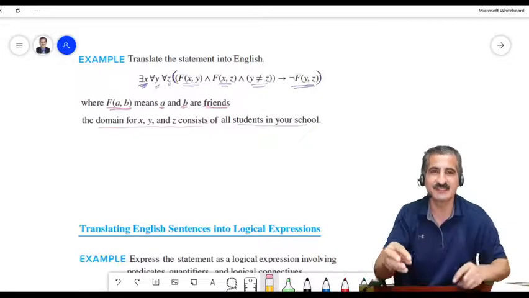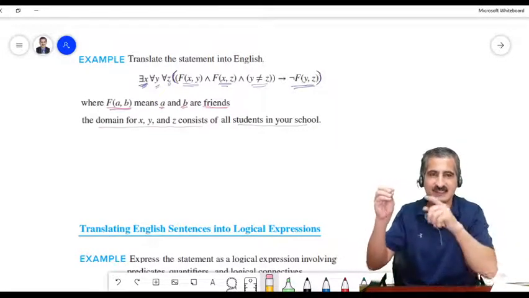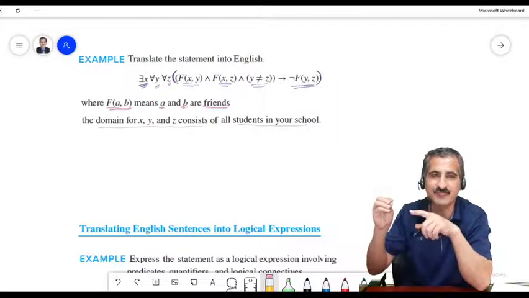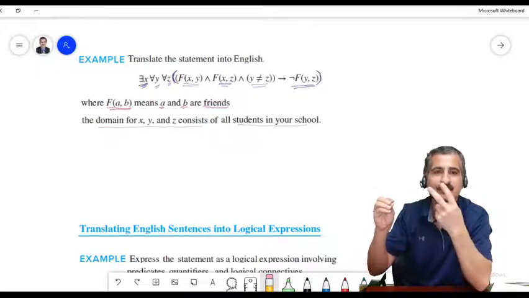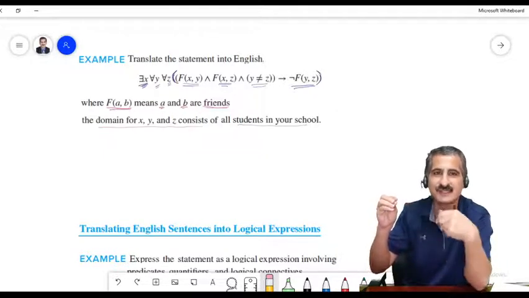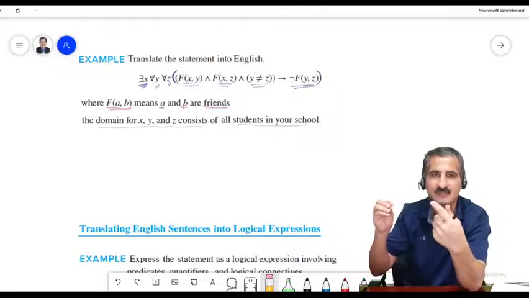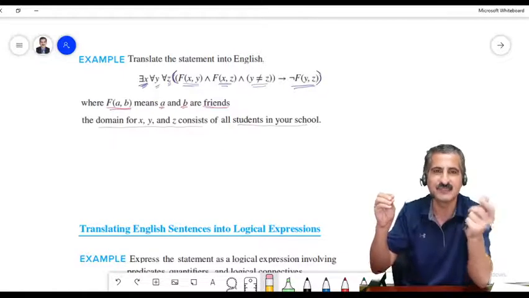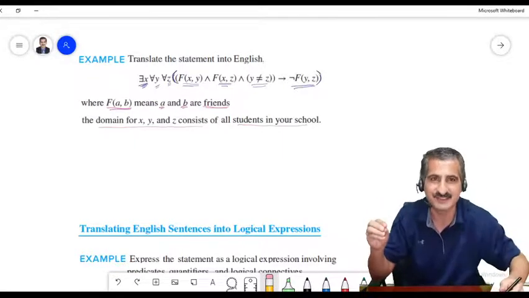So again, there is some person X such that for every two people Y and Z in the class, such that Y is a friend of X and Z a friend of X, Y and Z are not the same person, then Y and Z are not friends.